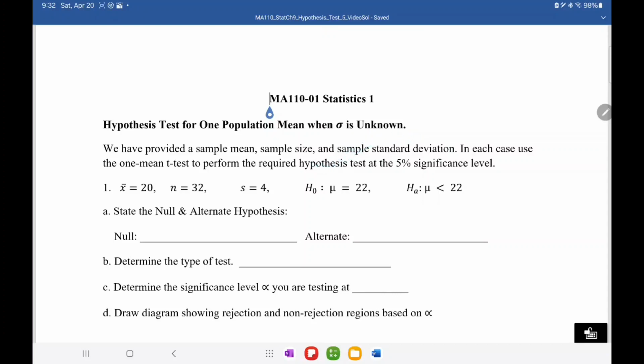Now the first couple of problems are similar to the ones that we worked when the sigma was known in the previous worksheet, except that this is a t-test procedure instead of a z-test procedure because the sigma is unknown, right?